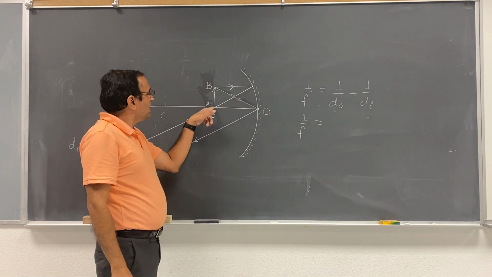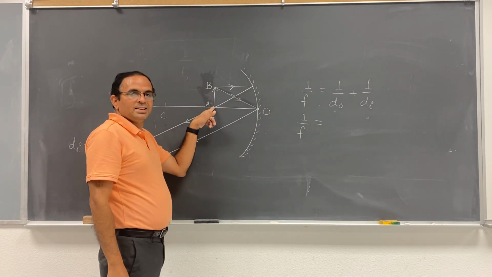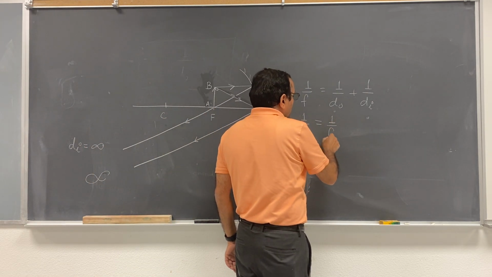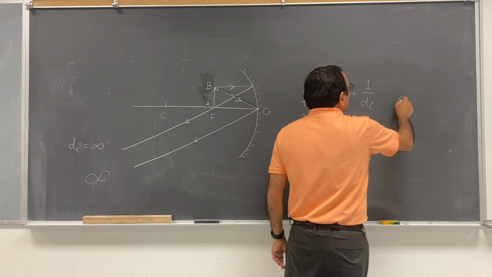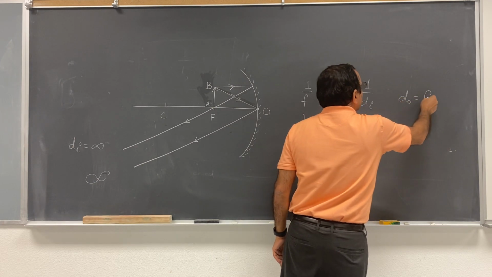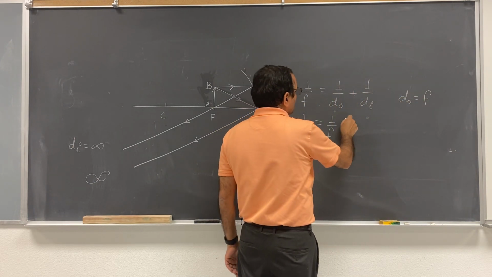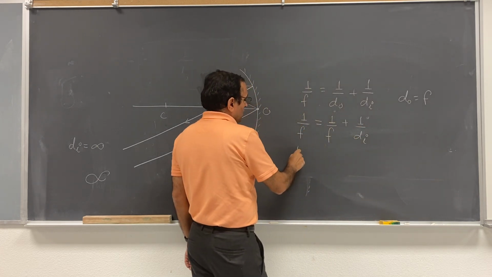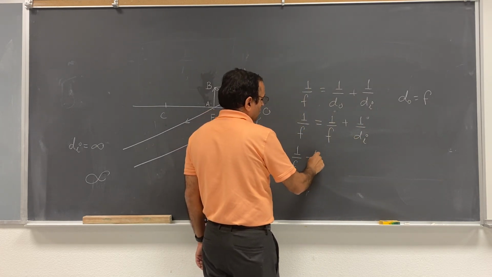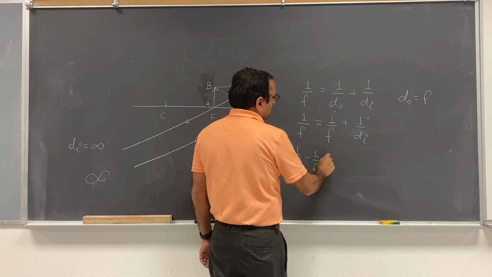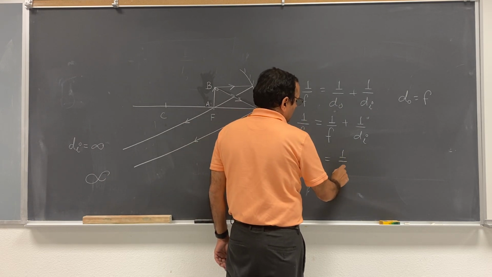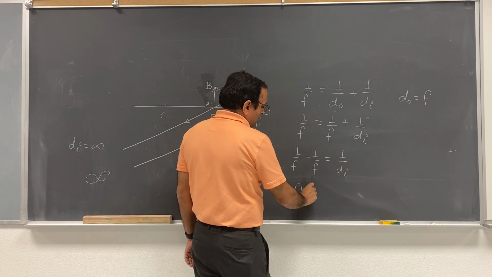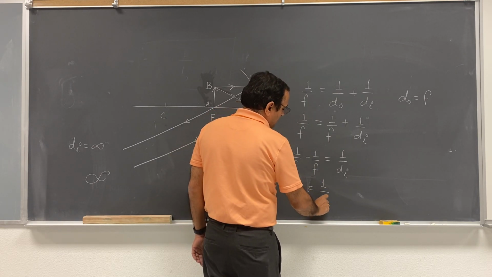Because the object is kept at the focal point, the object distance d_O is equal to the focal length f. So 1 over f equals 1 over f plus 1 over d_I. So 1 over f minus 1 over f is equal to 1 over d_I. So 0 is equal to 1 over d_I.